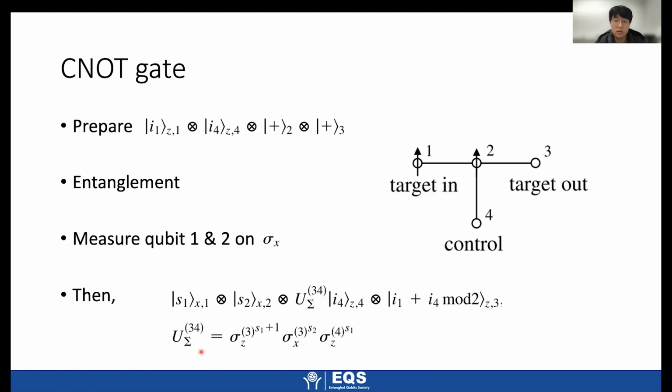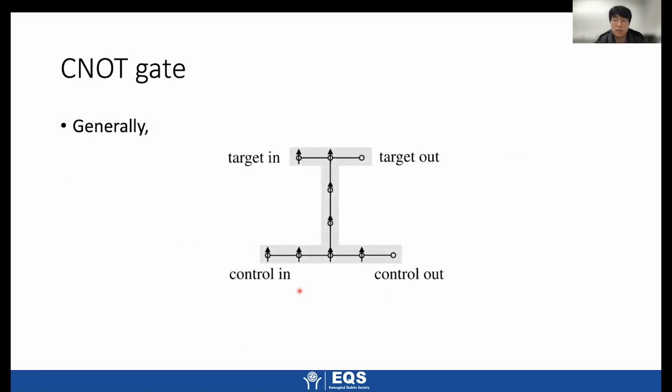So here we need to consider this auxiliary rotation. It's a product of operations on qubit 3 and qubit 4, but it's a product state, so we can easily take care of it. Before, we saw how to implement the CNOT gate, but in general, usually our target and control qubits will be far away, right?